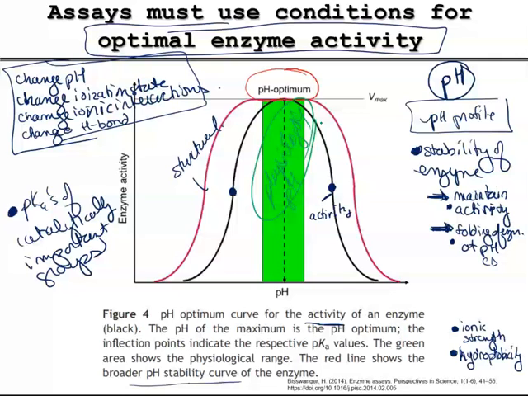At any rate, we find that enzymes, even though they might be working in an area within the cell that is pH 7, are actually going to have a broader allowable or tolerable pH range for activity than simply the pH of the compartment in which they're active physiologically. So just keep that in mind.